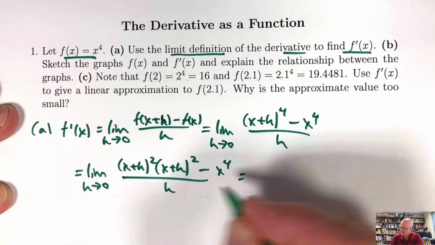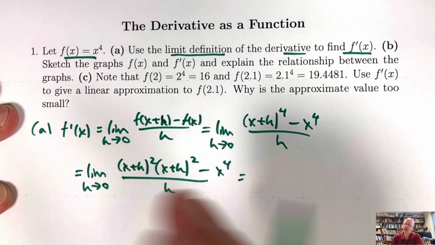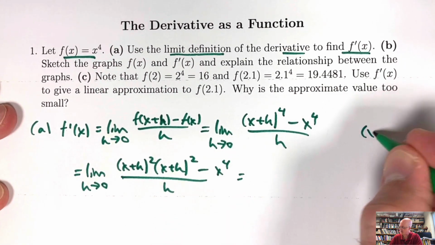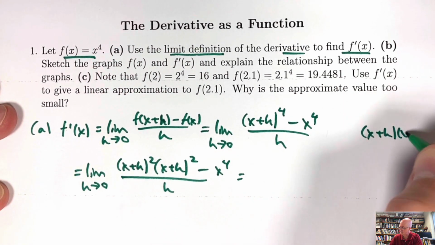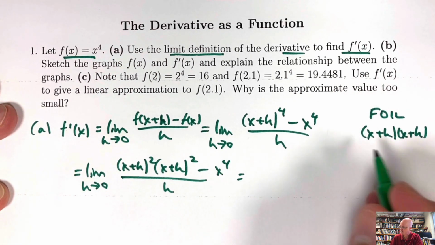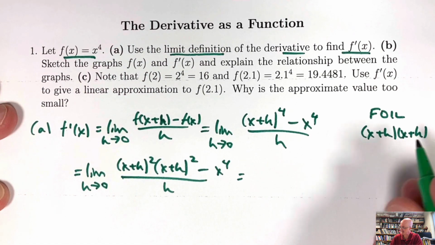So I'm now going to multiply x plus h times itself twice, and then multiply the results. So x plus h times x plus h, I could write that over here and imagine doing FOIL, F-O-I-L: first times first, outside times outside, inside times inside, and last times last.